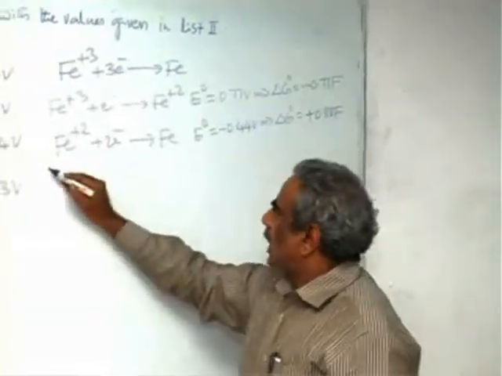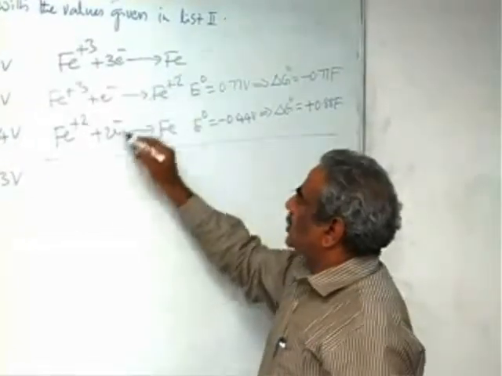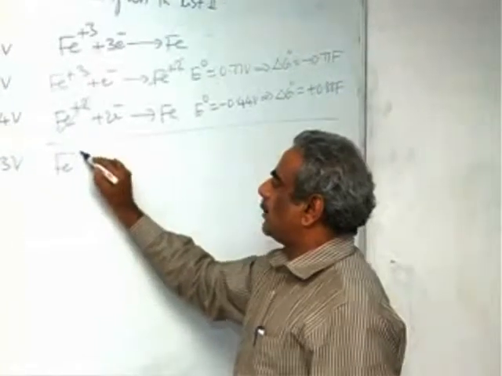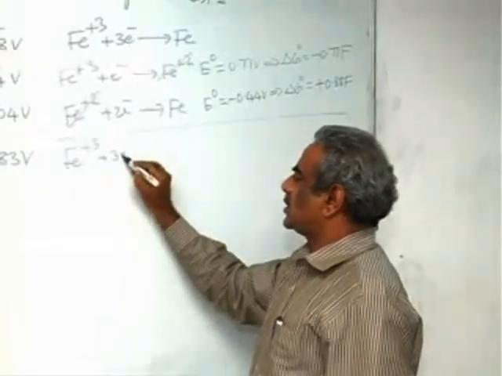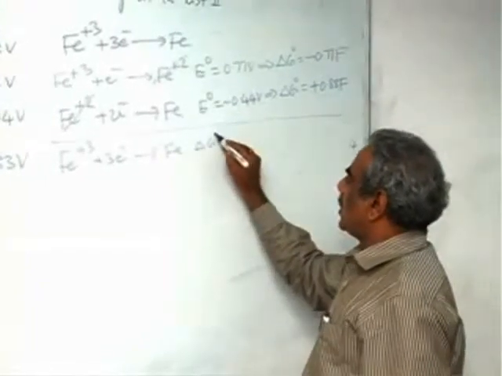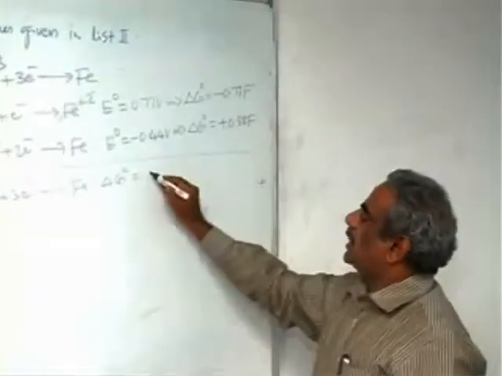And adding up these two reactions, this iron plus 2 and this iron plus 2 would get cancelled, and the net reaction would be iron plus 3 electrons giving iron, for which delta G naught can be given as 0.11 farads.